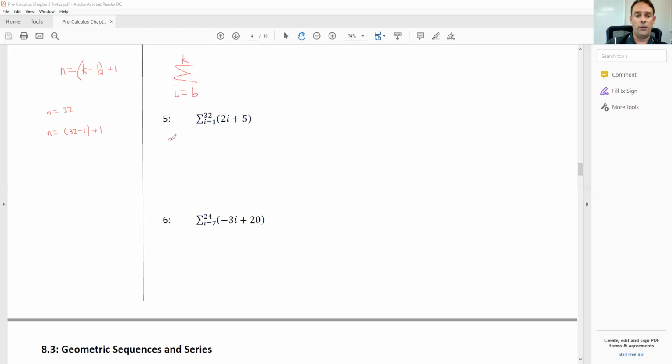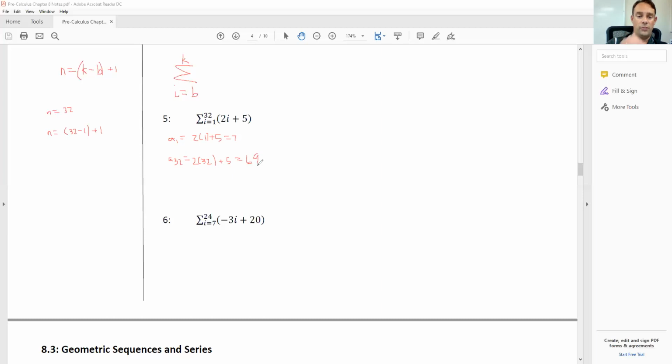What I don't know is what my first term is. So I got to evaluate for the lower value, and what my 32nd term is. I got to evaluate it for my greater value. So 2 times 1 plus 5, that is 7. 2 times 32 plus 5, that's 69.